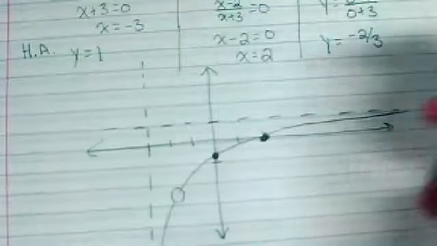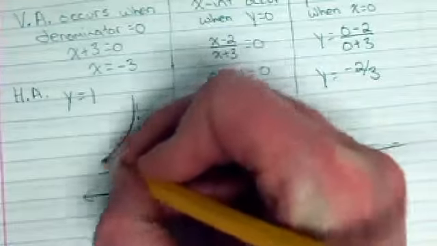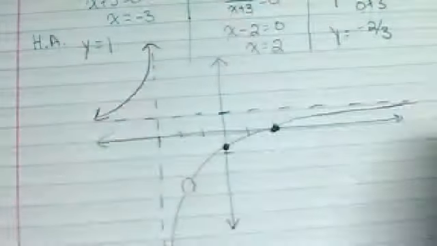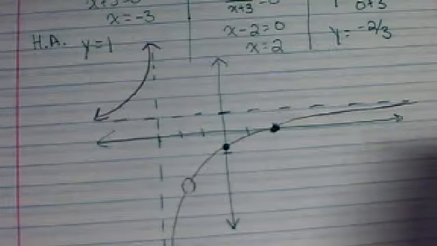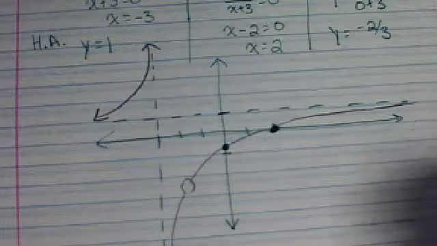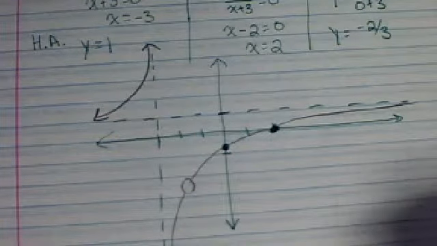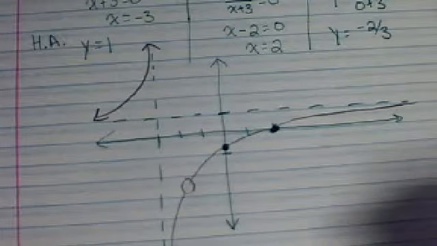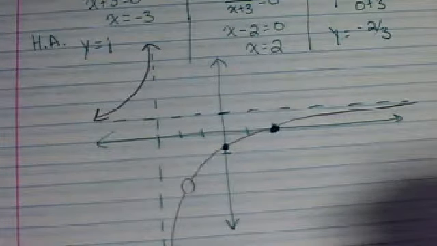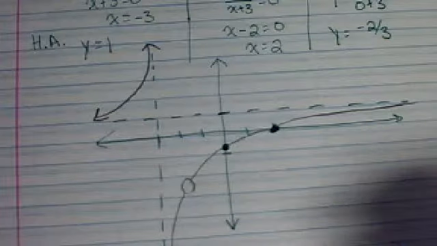There is a break in the graph. The other branch is going to go up here. And that's what happens when you have that simplified part. We're just going to have a hole in that spot. So let's see if we can find some more of them.